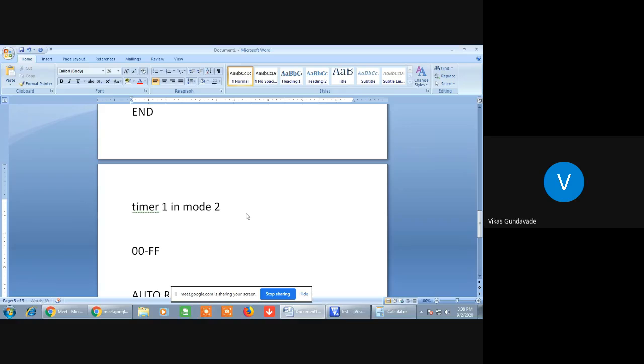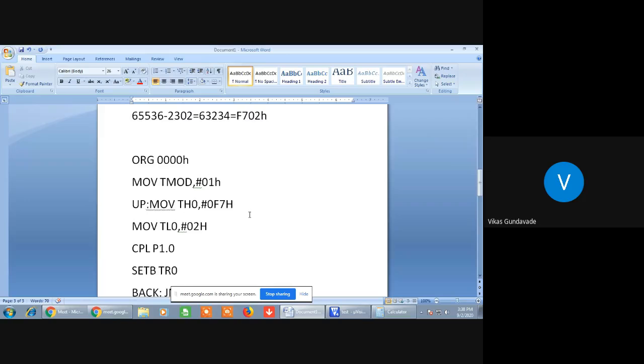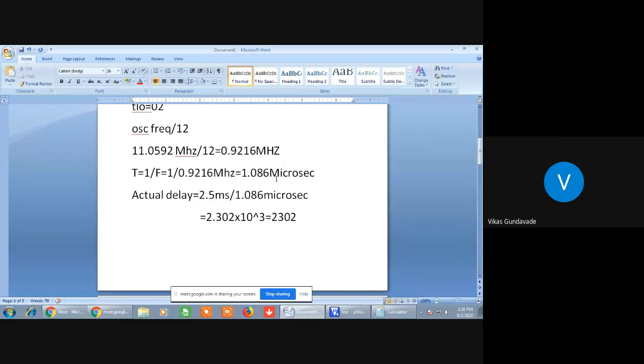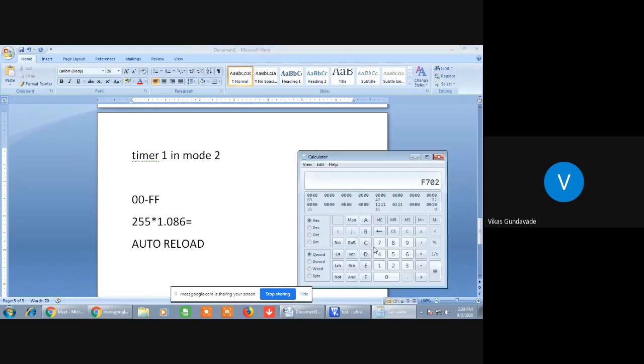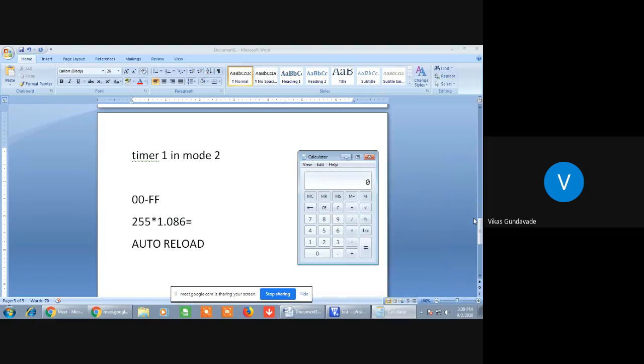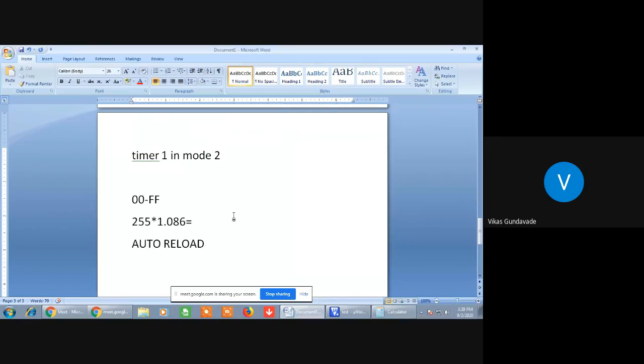That means the maximum delay will be 255 multiplied by 1.086 microseconds. 255 multiplied by 1.086 is 276.9, so we take it as 277 microseconds.